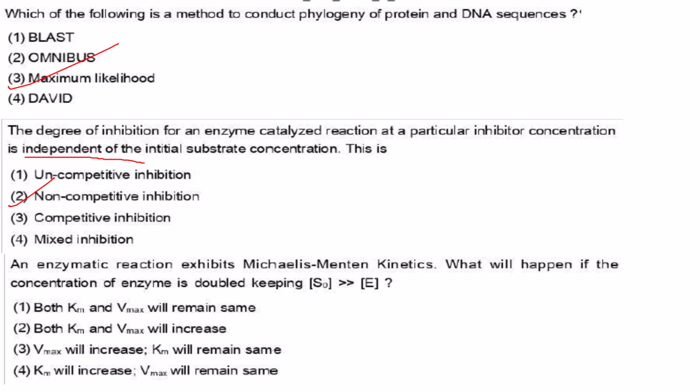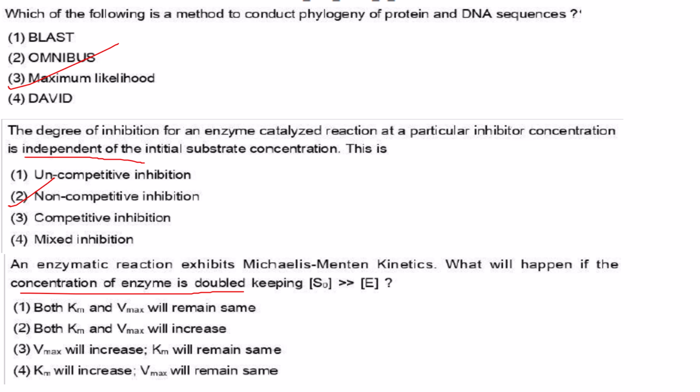An enzymatic reaction exhibits Michaelis-Menten kinetics. What will happen if the concentration of enzyme is doubled? Keeping the concentration of substrate much higher than the enzyme concentration, as per the Michaelis-Menten model, if enzyme concentration is doubled, the Vmax will increase because it is dependent on the enzyme concentration, since more enzyme molecules will be available to catalyze the reaction.